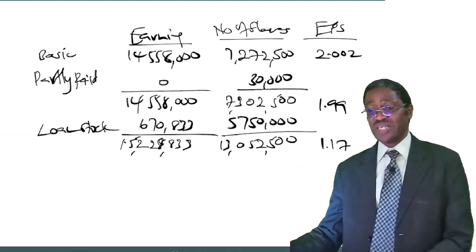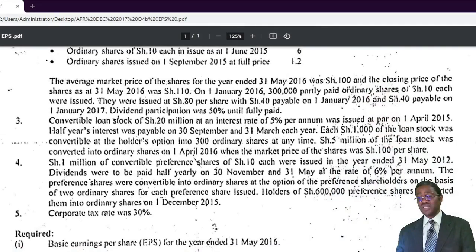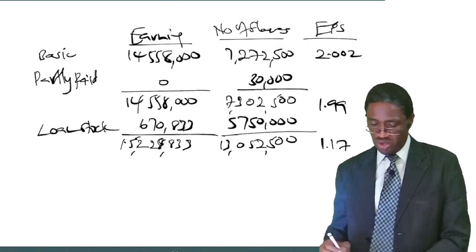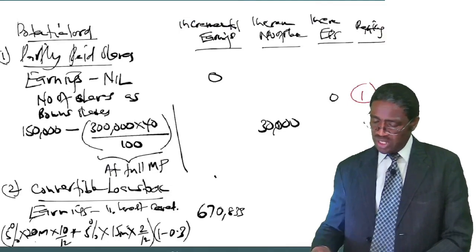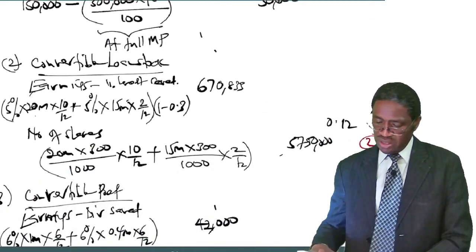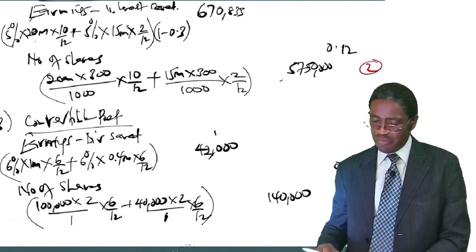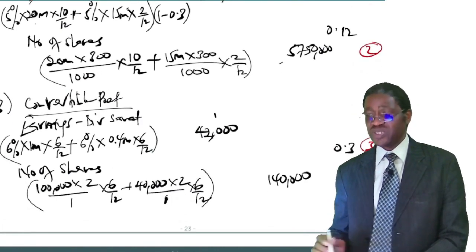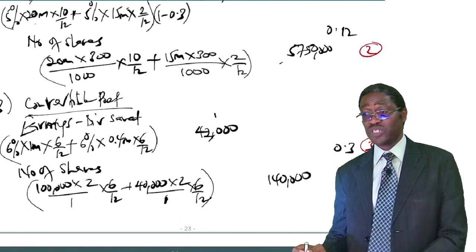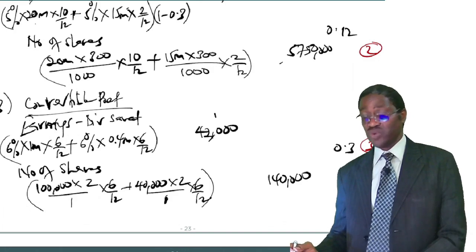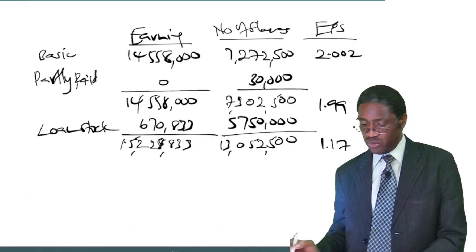Finally, I go to the last most dilutive. The last one is the convertible preference. Earnings will increase by 42,000. Number of shares will increase by 140,000. So let's put it.